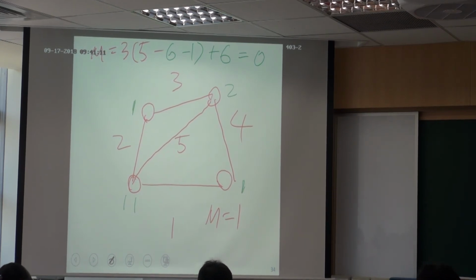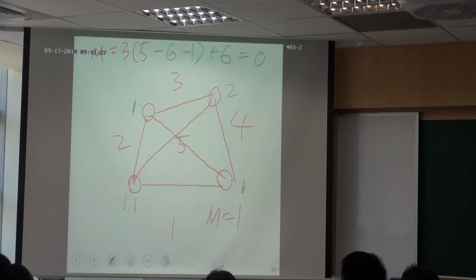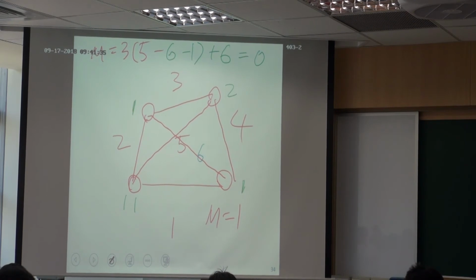But in the previous slide, we put another bar here. We add another link to connect from this point to this point. But what happened to this link? I use another color to indicate. So this is bar 6.